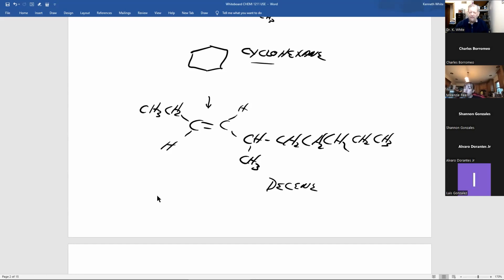Next, what carbon is one of the two carbons of a double bond that's close to the end of the chain? 1, 2, 3. If I go the other way, 1, 2, 3, 4, 5, 6, 7. 3 is less than 7.